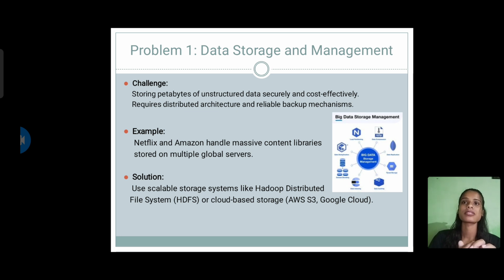For instance, Netflix and Amazon handle massive content libraries across their global servers. To solve this, companies use scalable storage systems like Hadoop Distributed File System, or cloud-based platforms such as AWS or Google Cloud, for flexible and efficient storage.